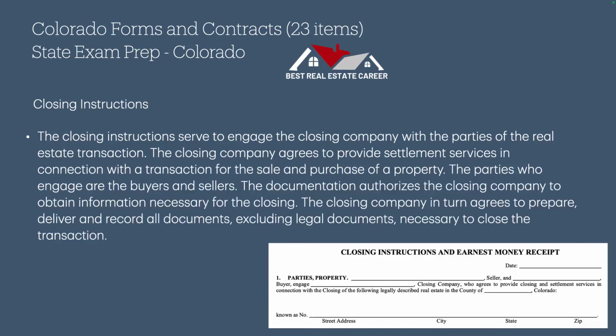All right, we got closing instructions. The closing instructions serve to engage the closing company with the parties of their real estate transaction. All right. The closing company agrees to provide settlement services in connection with a transaction for the sale and purchase of a property. The parties who engage are the buyers and the sellers.